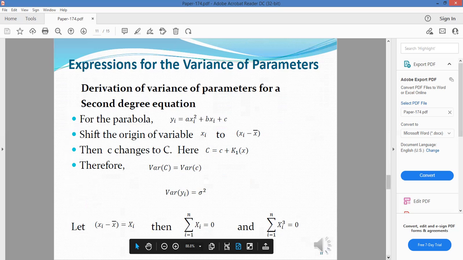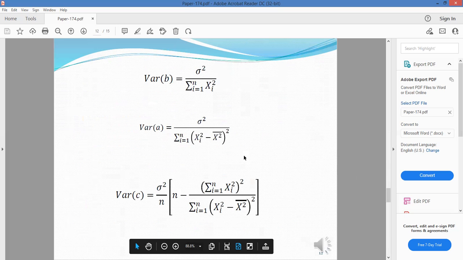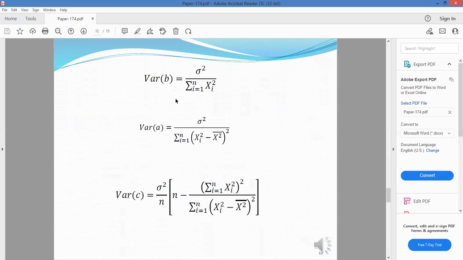Using these basic properties of the mean and also using the normal equations, we have derived the variance of B as sigma square divided by summation capital Xi square.